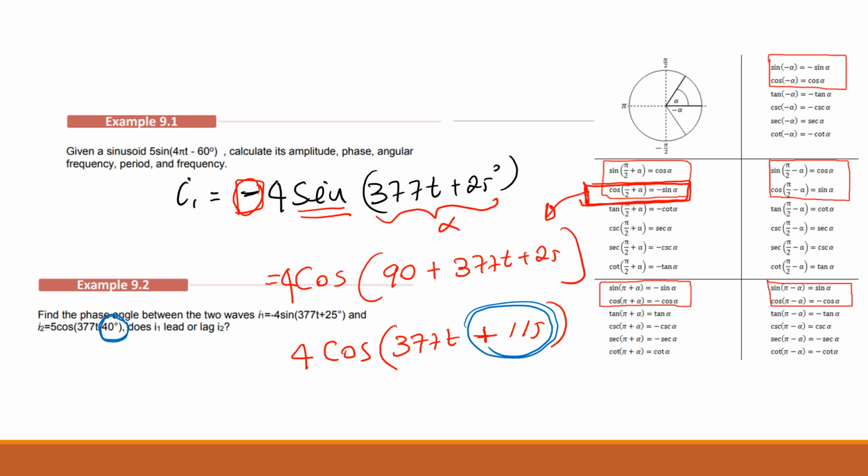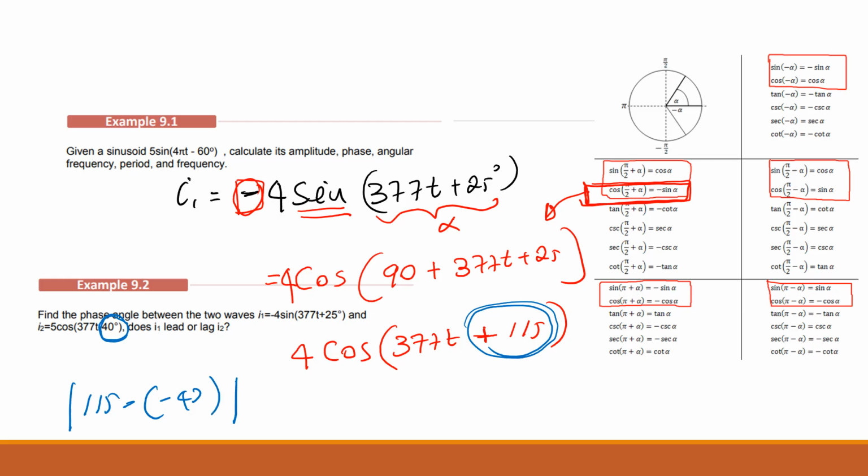Now you're comparing the phase angle. They are asking you to find the phase angle. So now what can you say about this? What is the phase difference? If you consider the phase difference, it is 115 minus 40, isn't it?